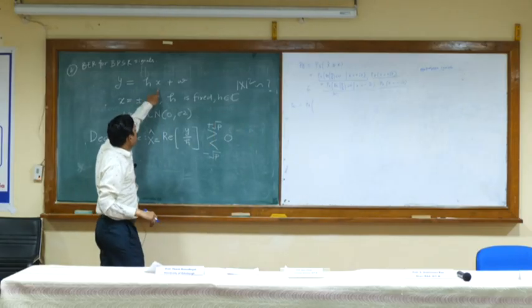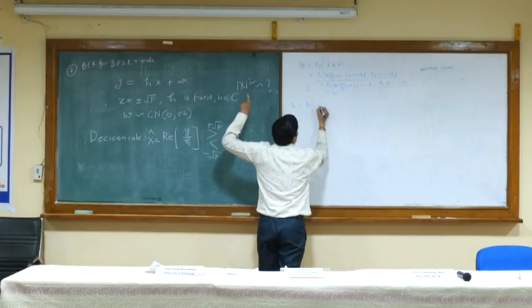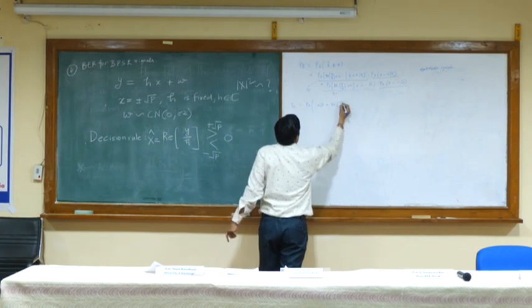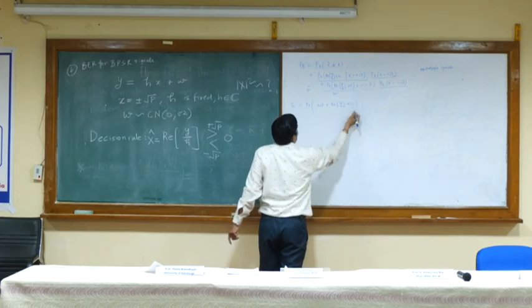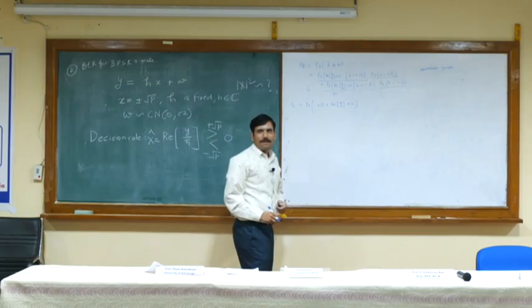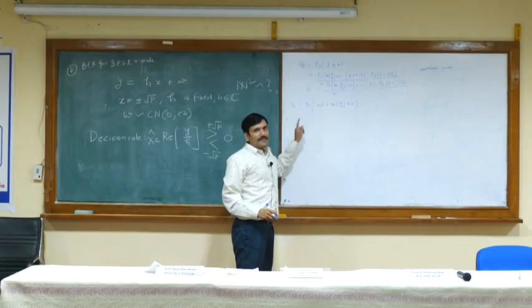If I divide by h, I will get x. So x is equal to square root of p plus real of w divided by h, less than 0. This is okay? This thing I have written like this. Okay?